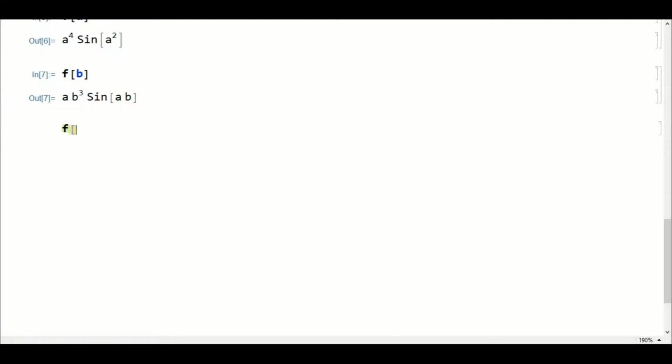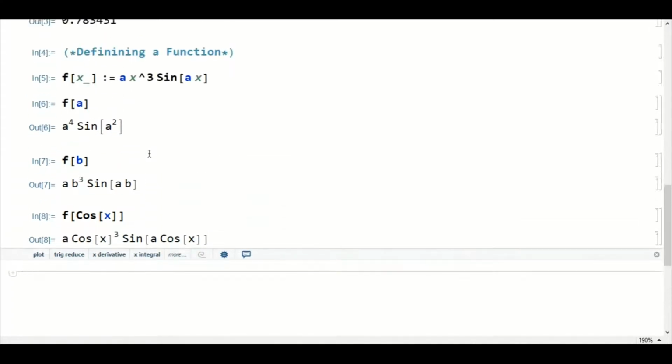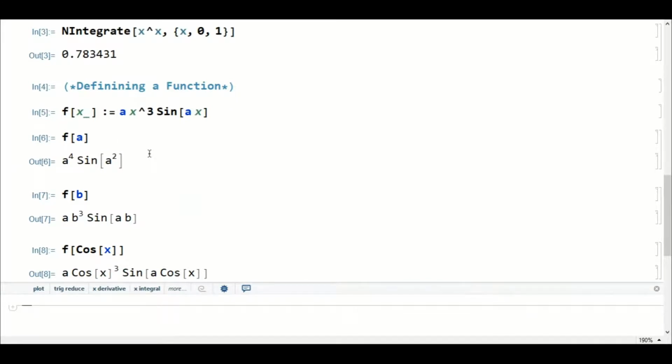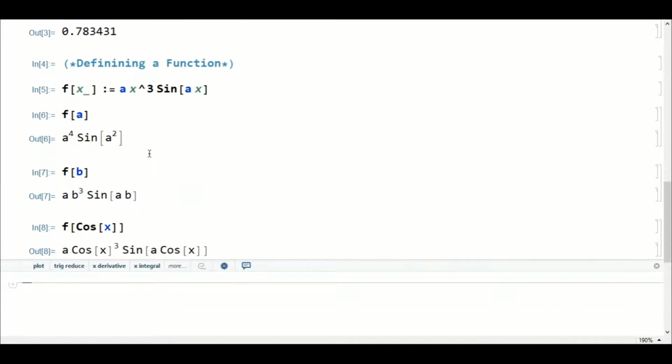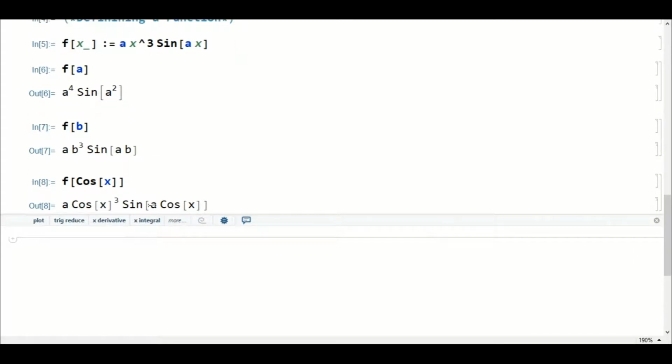If I want to find f of cos x, I just type this much, and you can see that it is a cos x cube sine of a cos x cube. This is one of the most important things, how to define a function in Mathematica or in any programming. I hope you have understood the syntax and what it means.